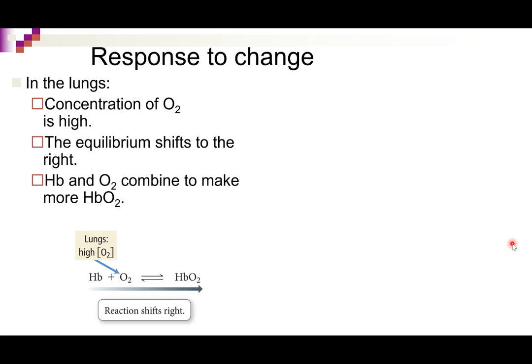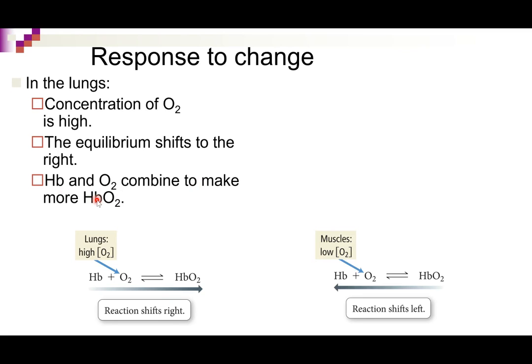Why don't I push over to the product side and bind up some more oxygen? So the hemoglobin and the oxygen combine to make more of our product. That does throw off the equilibrium. It shifts it to the right.